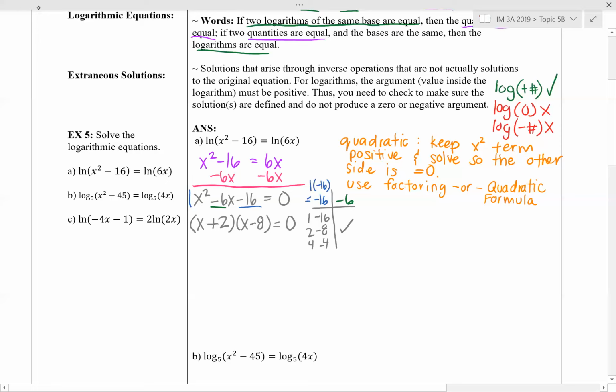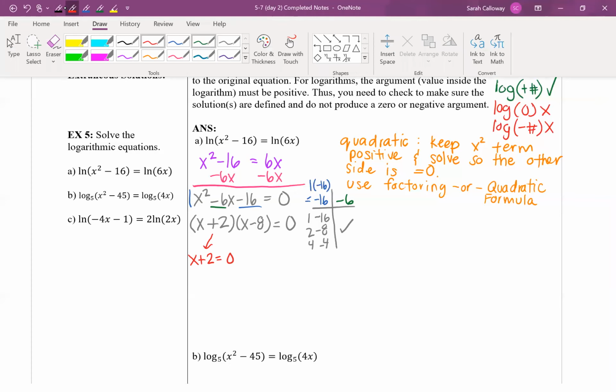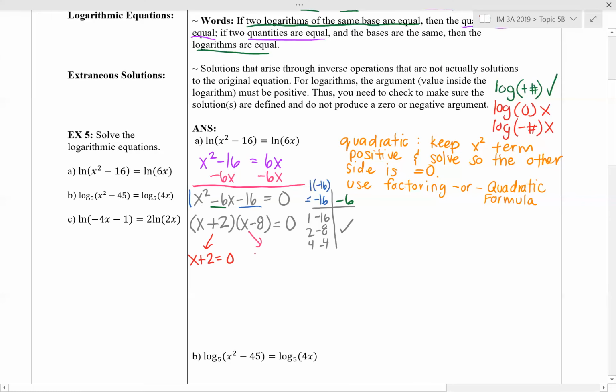When I'm solving this, I have to take each factor and set it equal to 0 individually. Remember that there is a shortcut for this, and we'll do that in the following problems, but for this one, we're just going to follow the whole procedure. So x minus 8 equals 0, and if I were solving these, I would do the opposite.